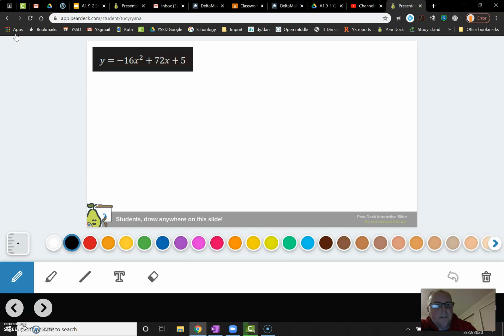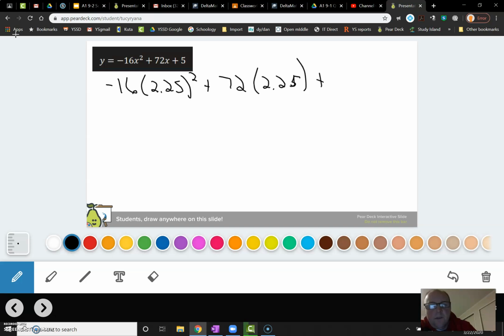Okay, so -16 times 2.25 squared plus 72 times 2.25 plus 5. All right, so all in all, we're going to be at 86 feet. Okay, so 2.25 seconds, 86 feet. So, you know, the other one made it to 69 feet. So this group, they really know what they're doing with that slingshot.